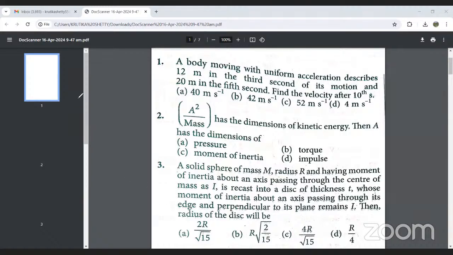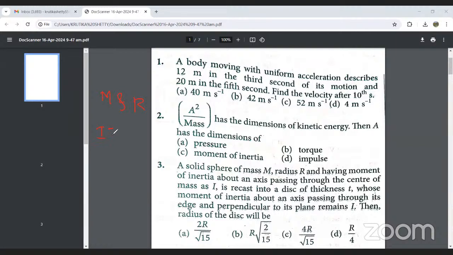Here, see what they are saying. According to the question, the moment of inertia of the solid sphere of mass m and radius r about an axis passing through its center of mass is required.